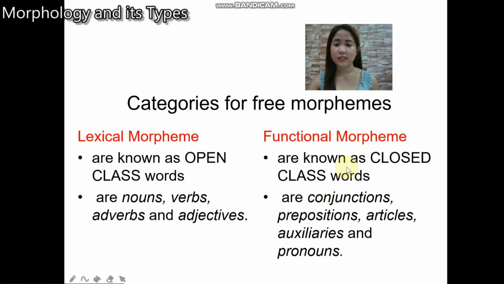On the other hand, we have functional morphemes, known as closed class words, because there is no morpheme that can be added to these words. We have examples such as conjunctions, prepositions, articles, auxiliaries, and pronouns.